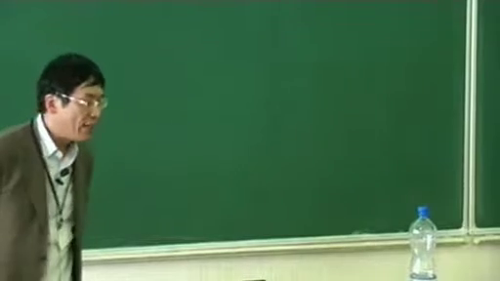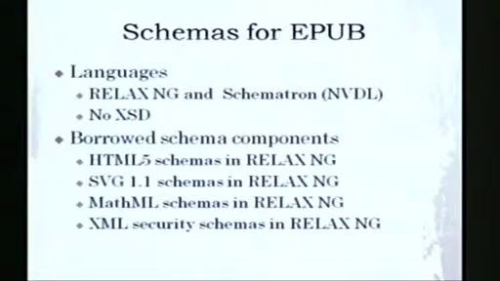Since this is a technical workshop, I'd like to mention schemas in EPUB. EPUB uses RELAX NG schemas and Schematron schemas and no XSD. And EPUB borrows some schemas from W3C or some other parties. HTML5 schemas in RELAX NG. It was originally prepared by Fantasy, but I believe it is now maintained by Mozilla. And SVG 1.1 schemas in RELAX NG.